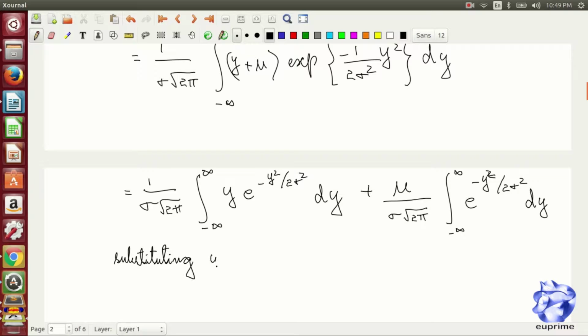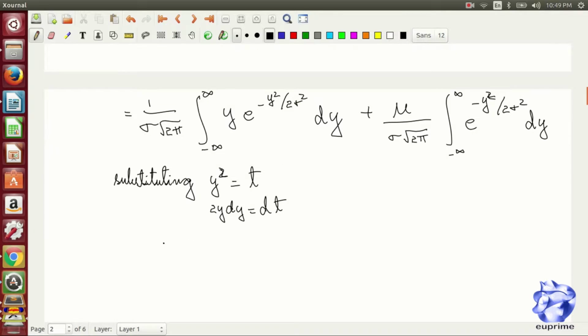While substituting y square is equal to t, and differentiating it, we get 2y dy is equal to dt. And now we substitute that in the equation.